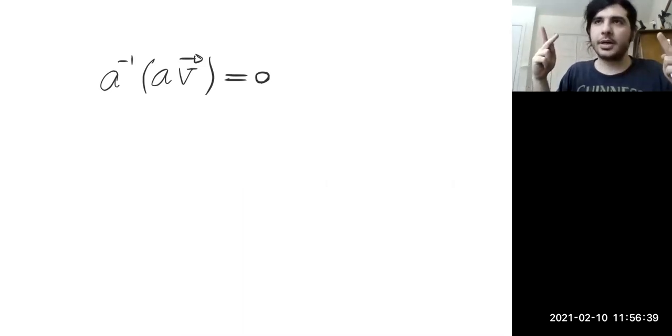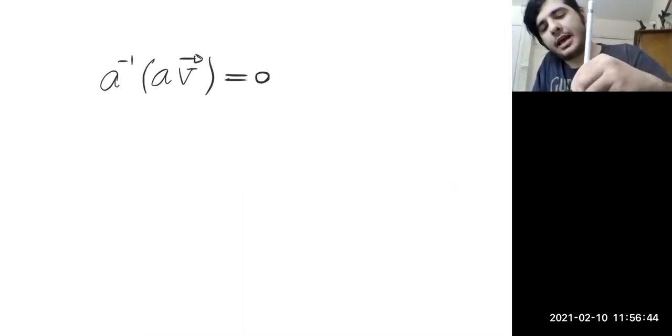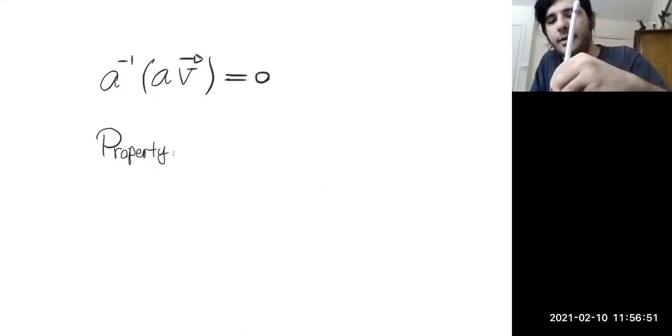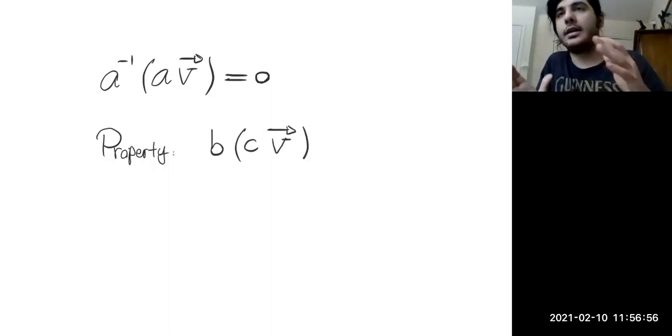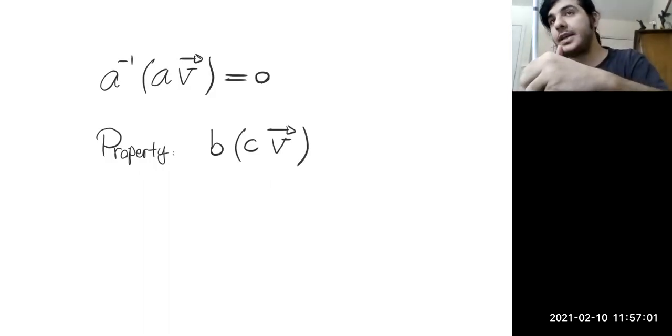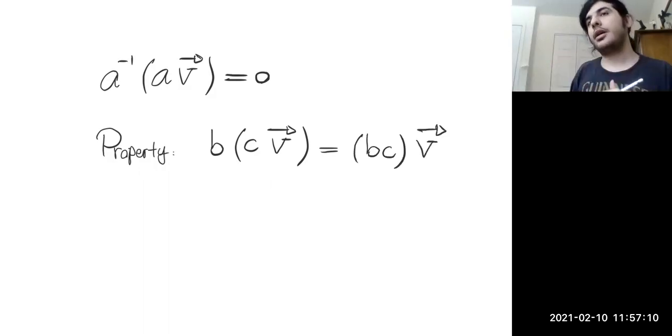But remember, we had a property, part of the definition of a vector space, which was telling us that B times C times the vector V, when B and C are two elements in the field and V is an element in the vector space, is actually equal to BC times V. This was one of the properties of any vector space.